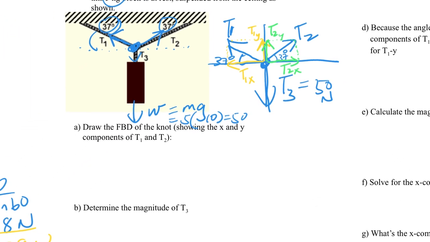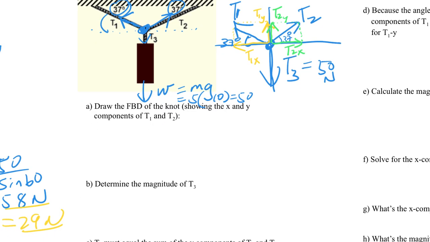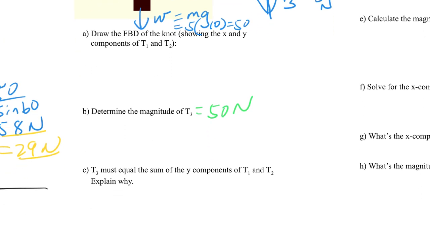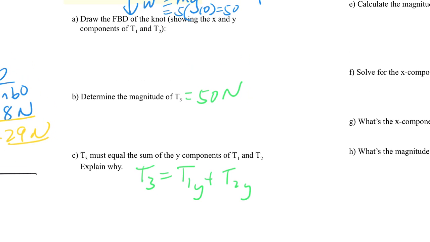Okay, so I already solved that one. I did that in the picture, part A. Part 3. T3 must equal the sum of the y components. So I'm just saying T3 has to equal T1y plus T2y. Okay, why?